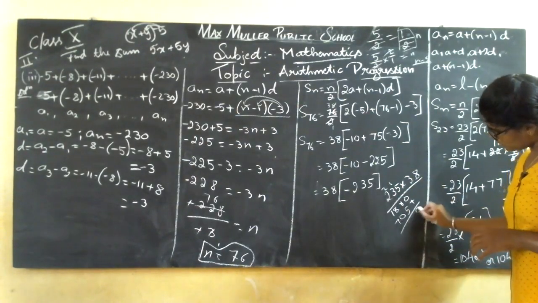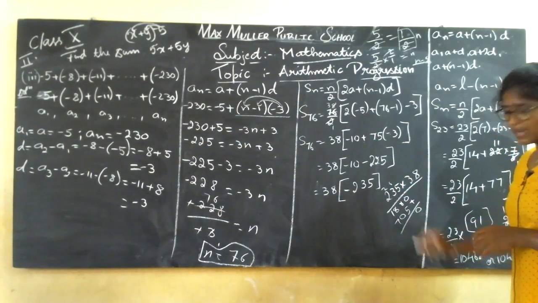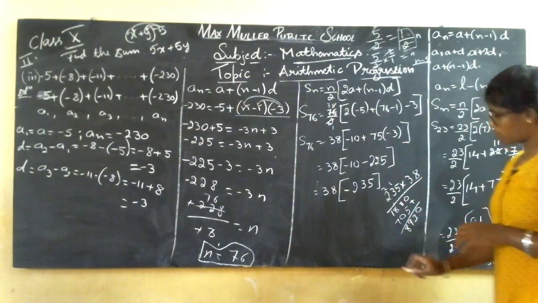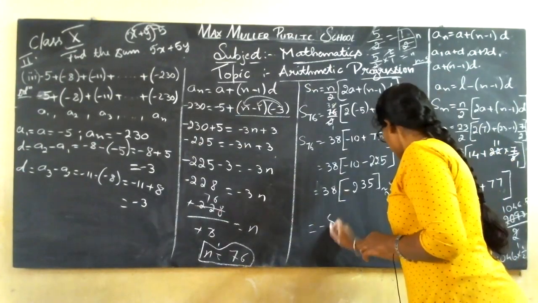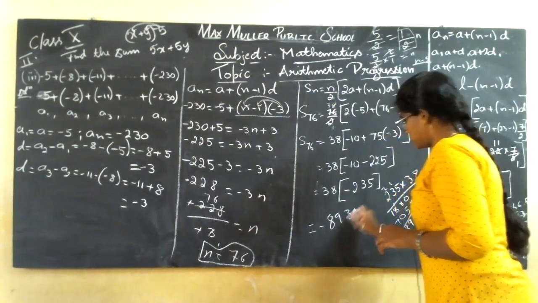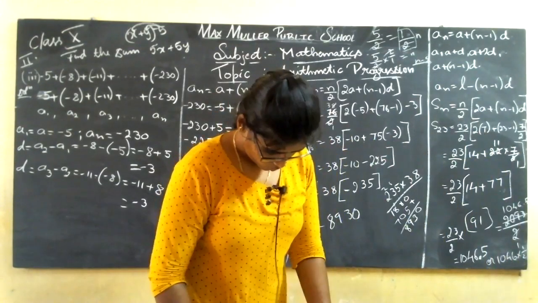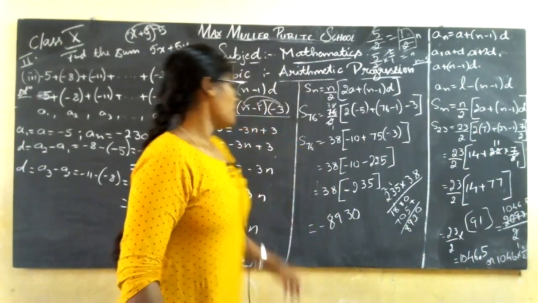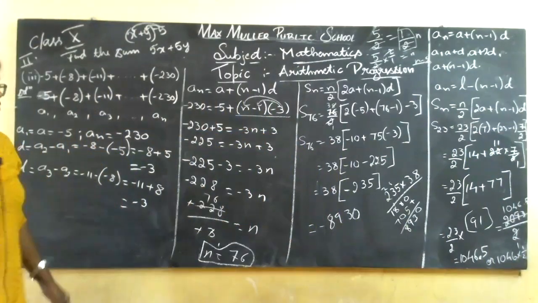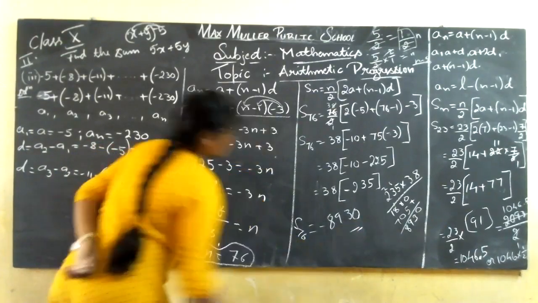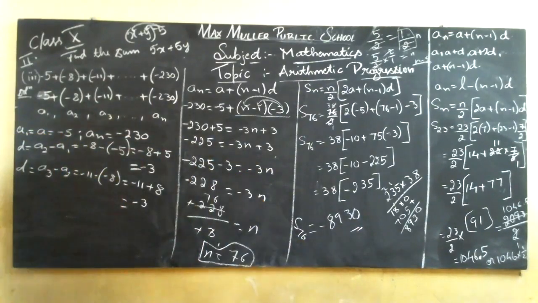So it has 0, 5 plus 5 is 10, 10 plus 3 is 13, 1 carry, 9 and 8. You get it as minus 8930. Is it correct? Minus 8930. Yes, minus 8930 is the sum of 76 terms. Clear?